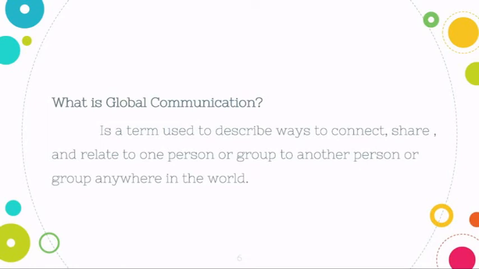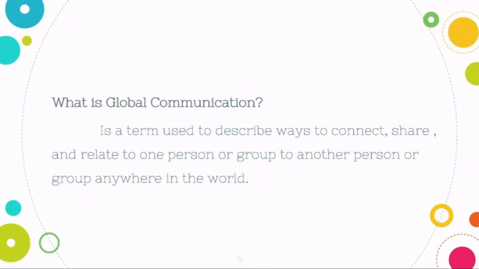Let us remember that communication does not only include verbal or spoken and written words. It also includes nonverbal communication, which includes body language, facial expressions, gestures, and maybe the tone of the voice.